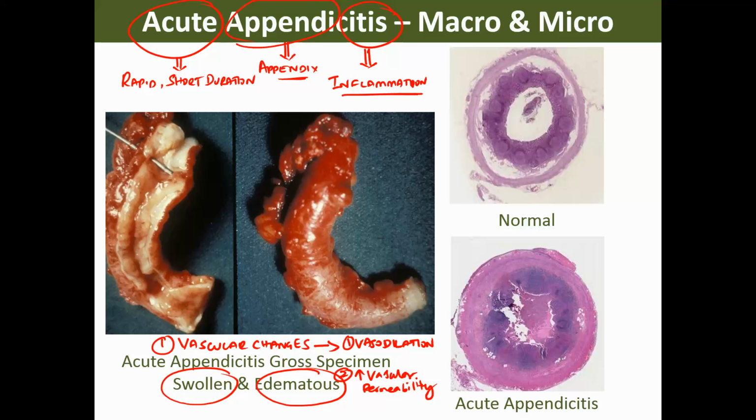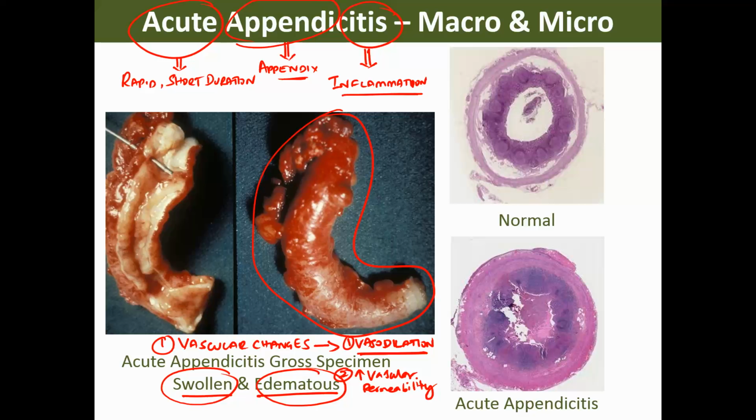Okay, so the appendix looks swollen and edematous. And it is red in appearance because of the vasodilation. So the blood vessels inside the appendicular wall, just above the serosal layer, go for vasodilation, so the appendix looks red. It is called inflamed. Okay, so it is a swollen and edematous specimen of appendix.